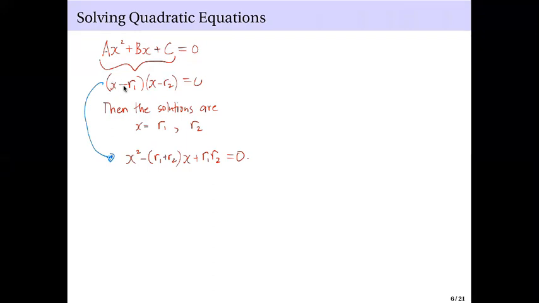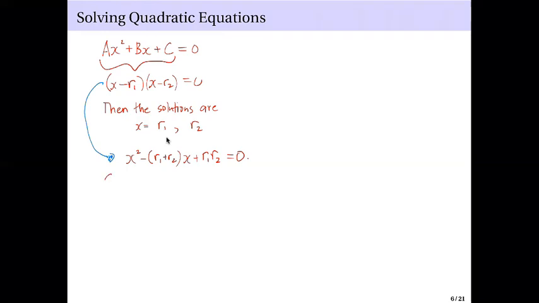So x minus r1 times x minus r2 equals 0. What you will get is x squared minus (r1 plus r2)x plus r1 times r2 on the left-hand side, and the right-hand side is equal to 0. And then these r1 and r2 numbers will satisfy the following.